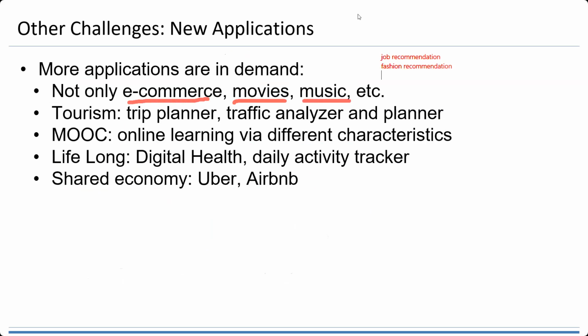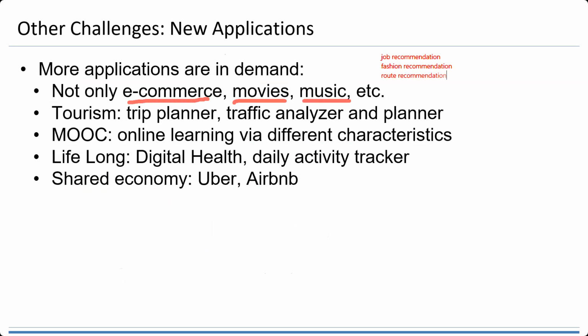Now I'm also working with my colleague in Indonesia. We want to have route recommendation. In Korea, I think it's also the same. There is a lot of traffic. Okay?